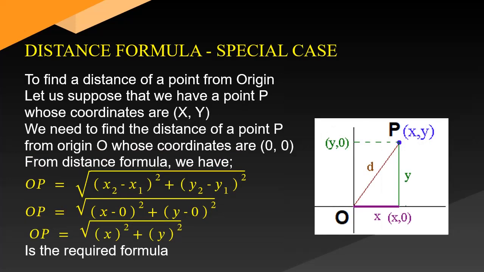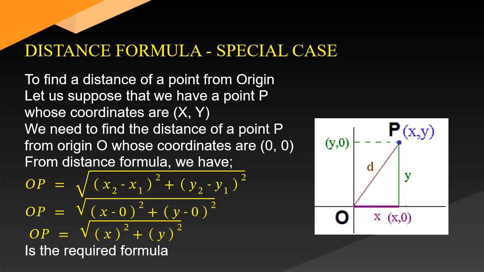Now finding the distance of a point from the origin. This particular case is a special case of the distance formula. Let's have a look at the figure. There is a point P whose coordinates are x, y. We need to find its distance from the origin whose coordinates are 0, 0. It means one coordinate we have x, y and the other coordinate 0, 0.